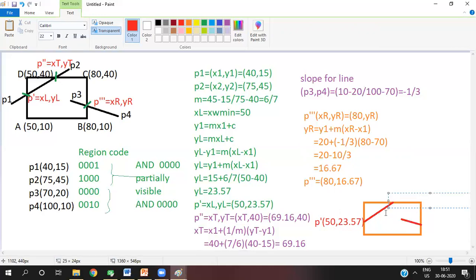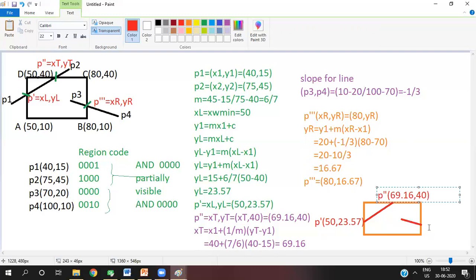This is P dash. Now write the value for P double dash is equal to, simply write it like this, 69.16 comma 40.